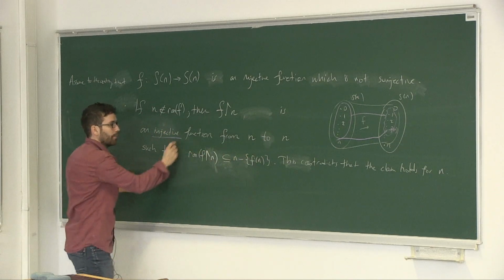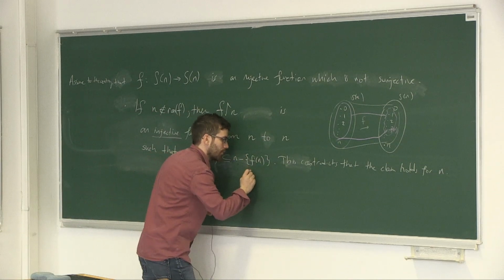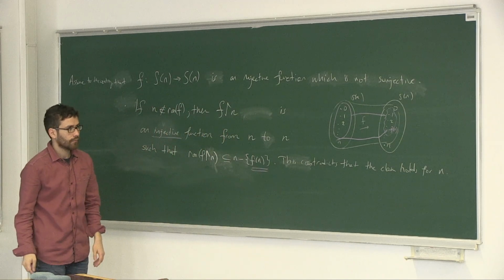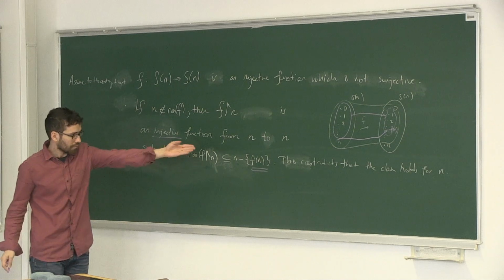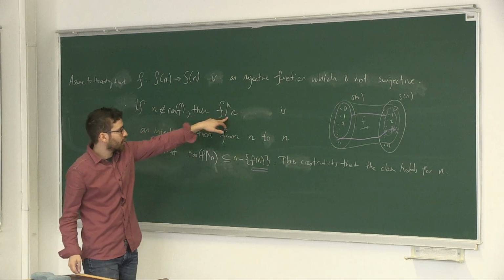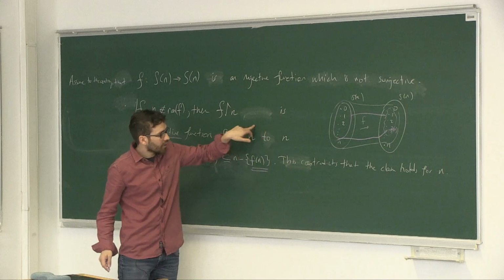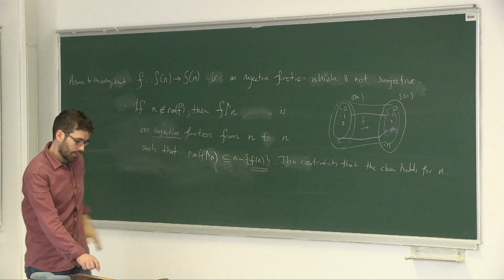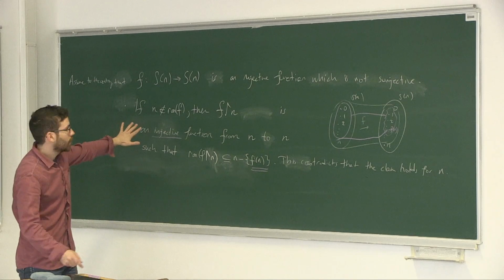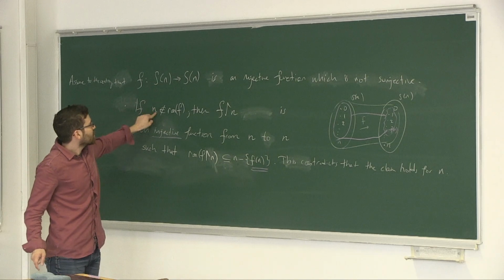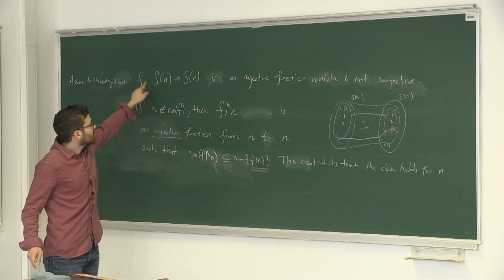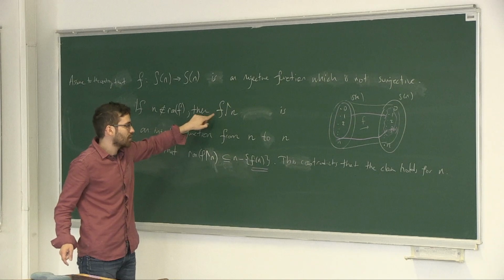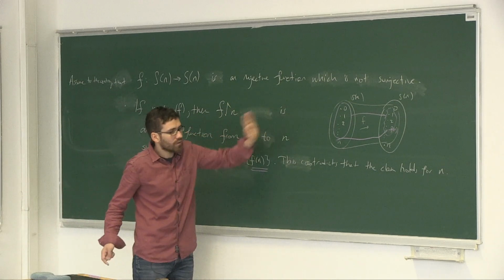It is injective, but it is not surjective. So there, I just constructed a function from n to n which is injective but not surjective. That contradicts the induction assumption. So this is the easy case. If n is not in the range of f, then by simply restricting, I can find an injective function from n to n which is not surjective, and that contradicts the induction assumption.